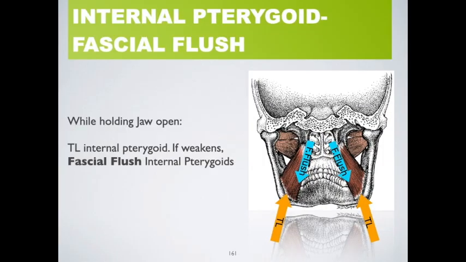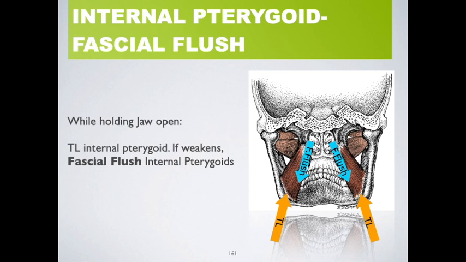Now the other closing muscle that can be involved, of course, is the internal pterygoid. And the way that we TL that, if you see the yellow arrows that say TL, I'll have the patient put their thumbs up inside the jaw, right at the angle of the jaw, and press up there as far as they comfortably can.